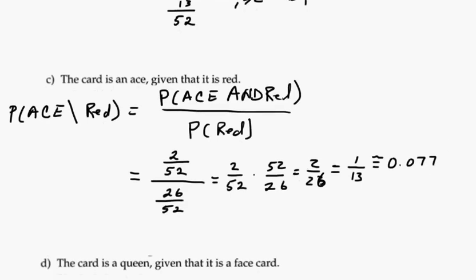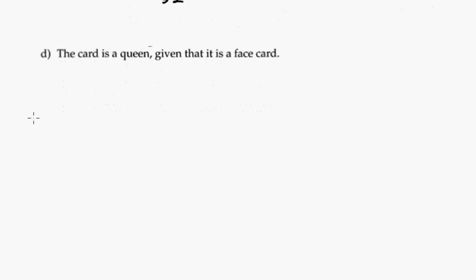Okay, last one. Hopefully you're getting the hang of it. Anytime you see the word given, it's kind of given away, so to speak. The probability of a queen given it's a face card. Interesting, face card. Let's go slow.